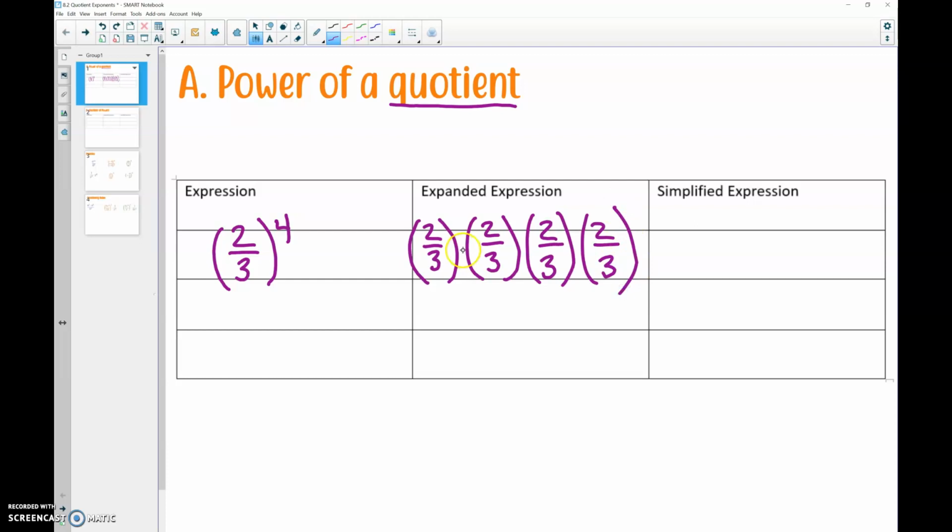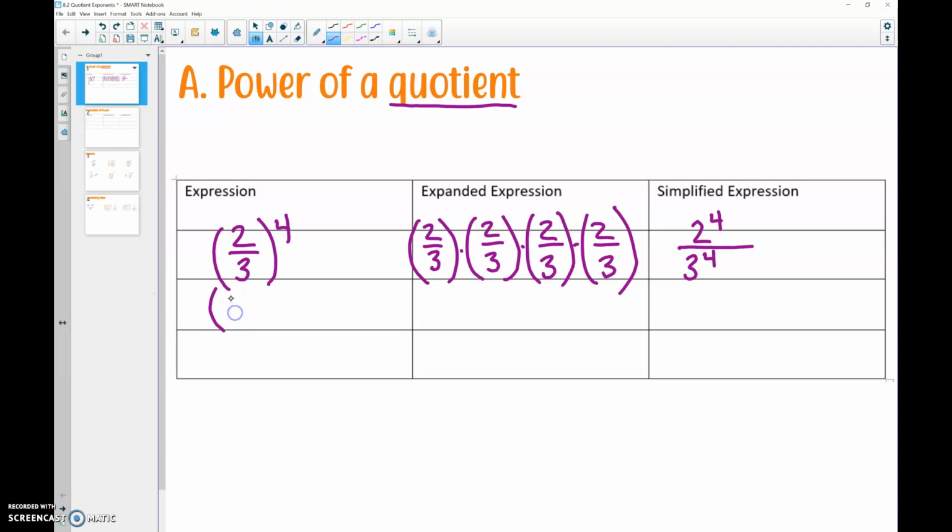Just like with multiplying any fraction, you go straight across the top and straight across the bottom. So in the numerator we have 2 times 2 times 2 times 2, which means 2 to the 4th. And in the denominator, we've got 3 times 3 times 3 times 3, which means 3 to the 4th.